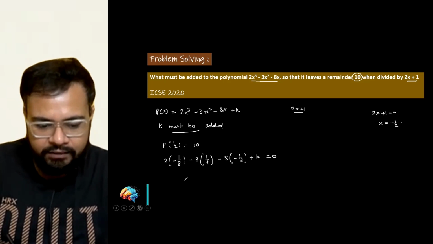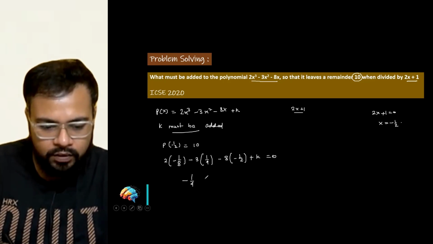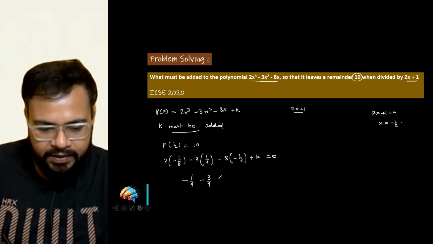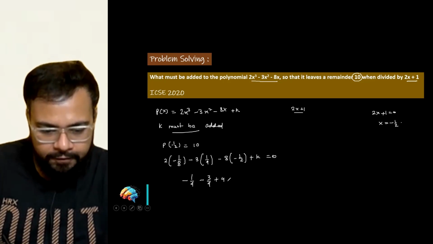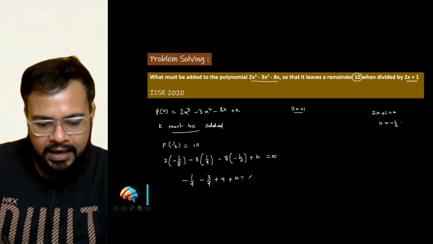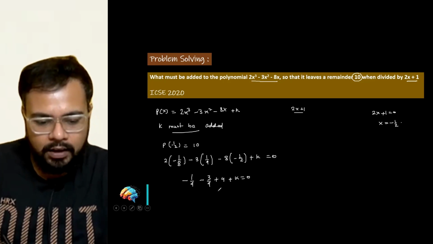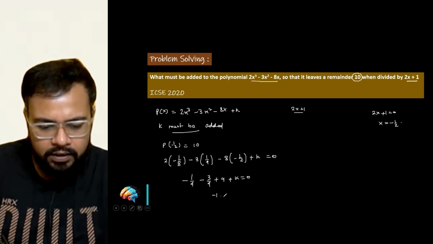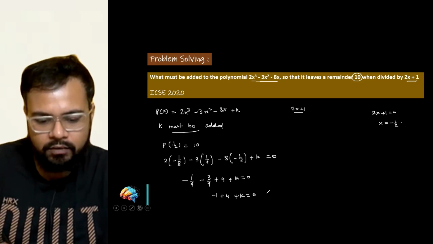Simplifying that, we get minus 1 by 4 minus 3 by 4, minus minus becomes plus 4, plus k equal to 0. Here you'll get minus 1 plus 4 plus k equal to 0.